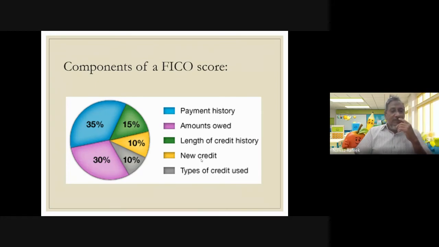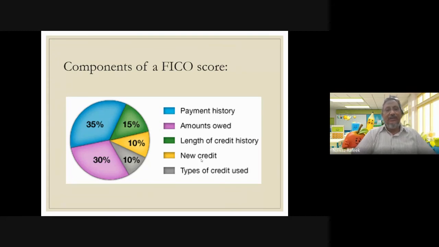30% is for borrowings, the quantum of borrowings, how much I borrowed. The larger the customer's borrowing, the more the rating increases. The lower the amount borrowed, the more the rating reduces. Then the length of credit history gets 15%, that is, how long the loan has been given: short-term, medium-term, or long-term facilities.